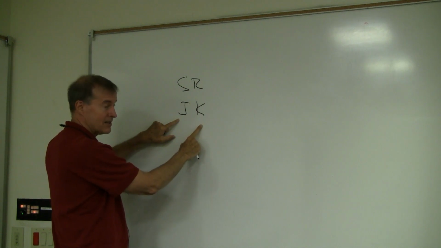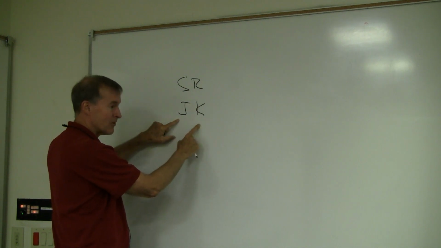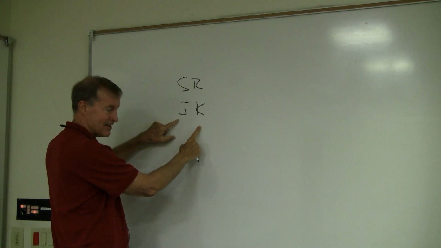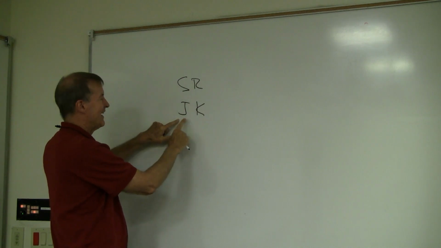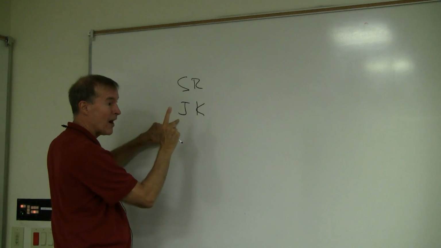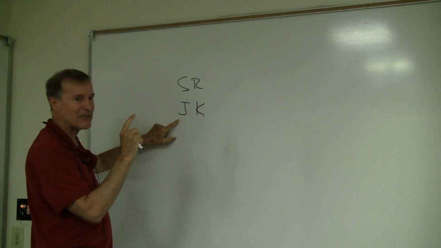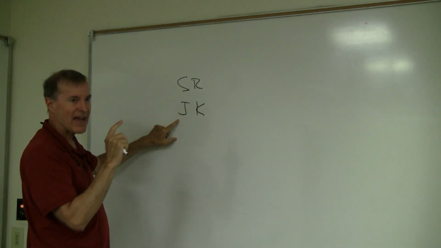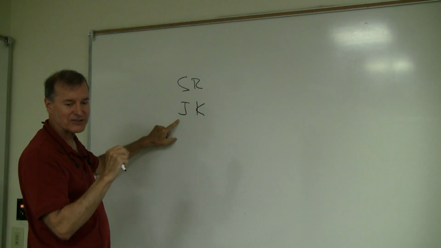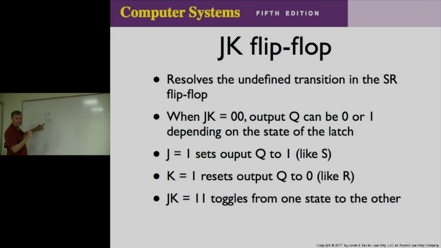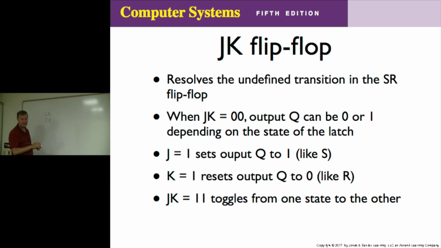That's the reset. If JK is 1, 0, what condition is that? Set. But now, if JK is 1, 1, something specific happens. That is the toggle condition. All right? So JK equals 1, 1 toggles from one state to the other. And it resolves the undefined condition.